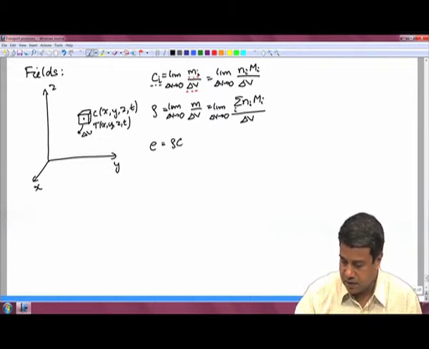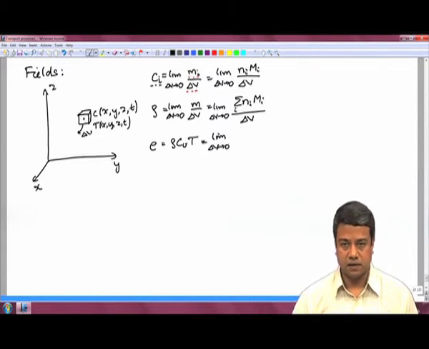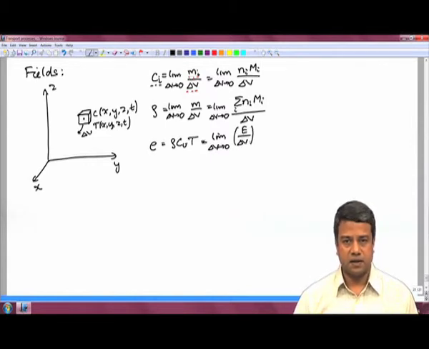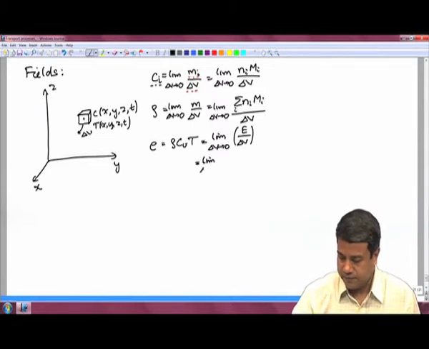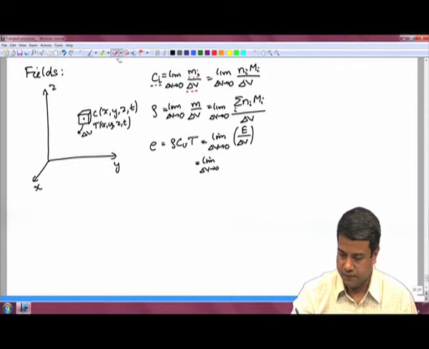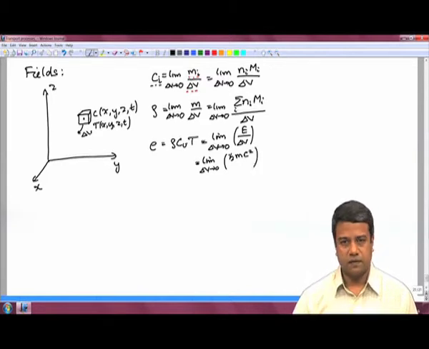E, I can write it as rho Cv times T, which is the summation, limit as delta V goes to 0, of the total internal energy within this volume divided by delta V. And as I said, this internal energy is in general n Cv times T. If you had just translational degrees of freedom, this will just be equal to half m C square for each molecule.